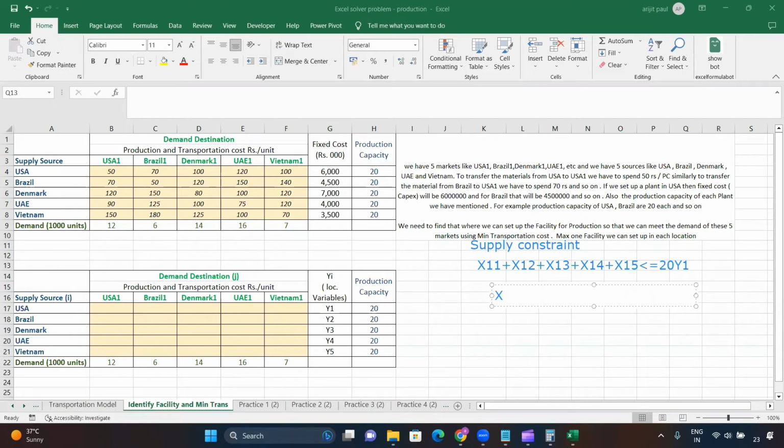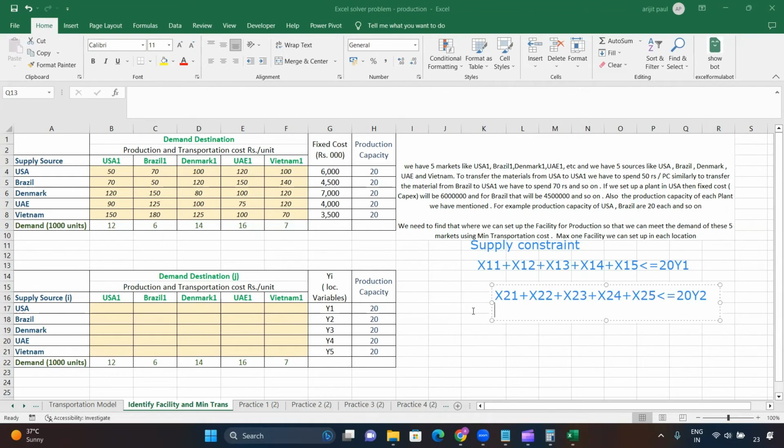So again, that becomes x21 plus x22 plus x23 plus x24 plus x25 should be less than or equal to how much? 20y2. So in this way, we need to mention it for Denmark, for UAE, for Vietnam as well.